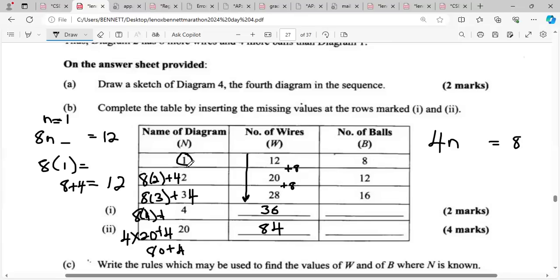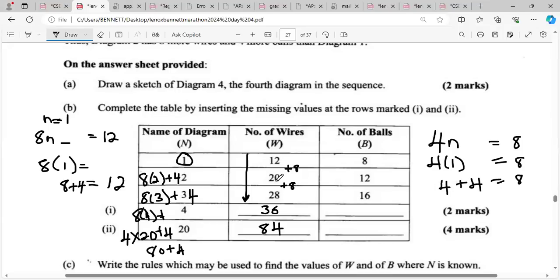Because we're making n the first one, it's 4 times 1. 4 ones are 4. Do your operation. 4 plus 4 gives you 8. So that's how they get this one. They multiply by n and then add 4.